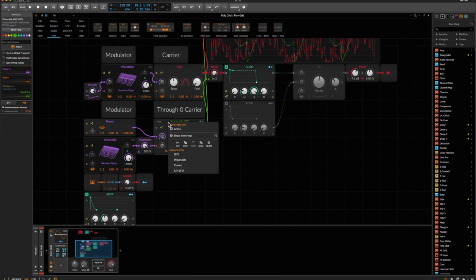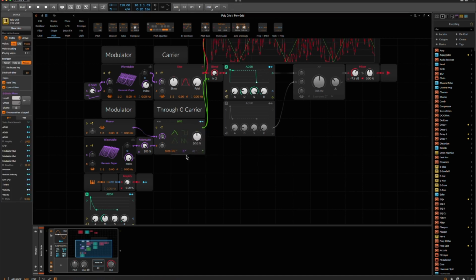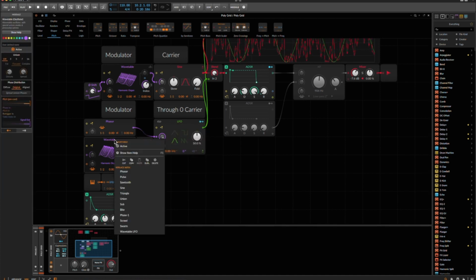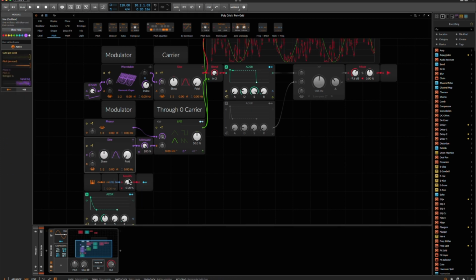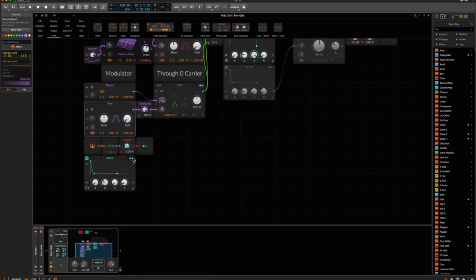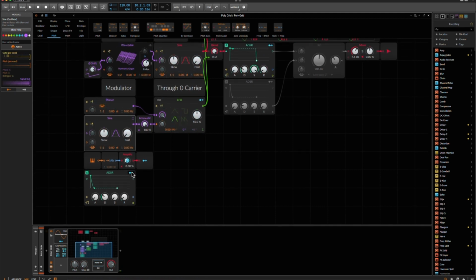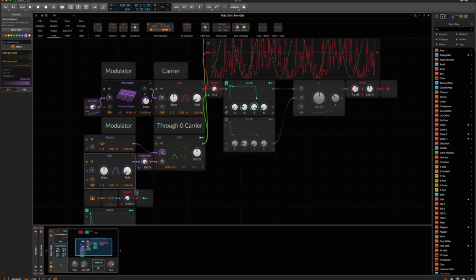But if I, for example, return this to sine wave again, this one as well. So like this, you can get really interesting results when you just modulate the amount.